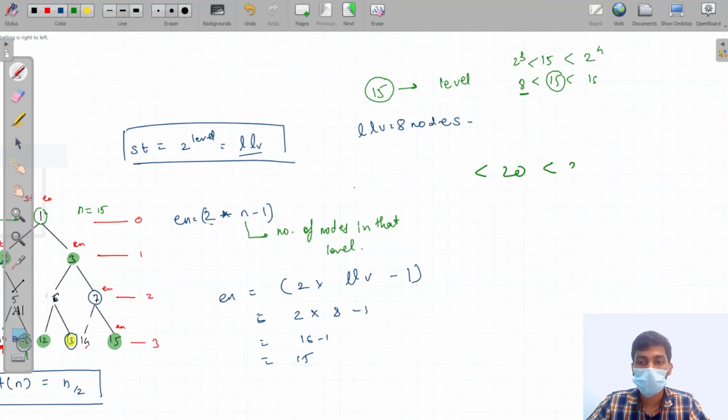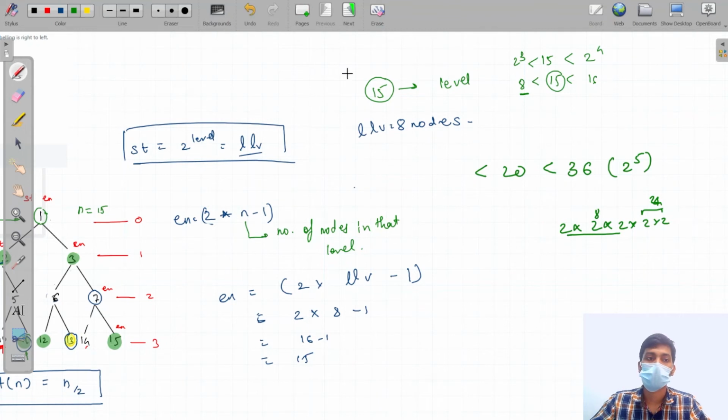That is nothing but 32, right? That is 2 raised to the power 5, if I am not wrong. Let's see, 2 into 2 into 2 into 2 into 2. This is going to give us 8, this is going to give us 4, and 8 4 is nothing but 32. That's wrong. This is going to be 32, right?